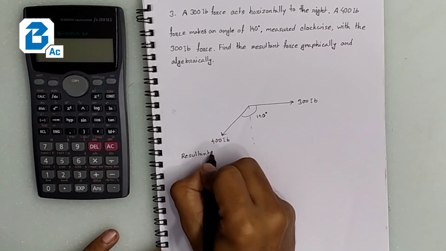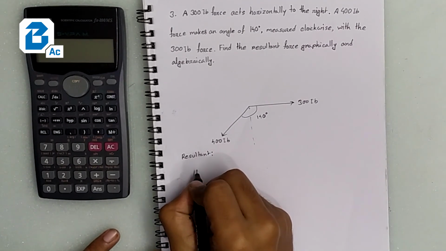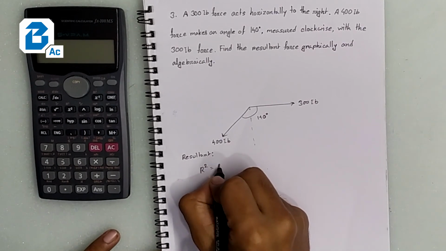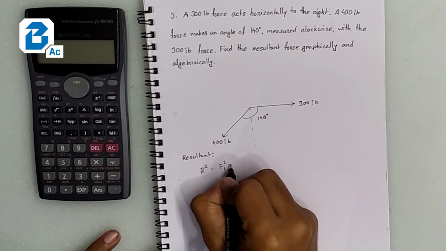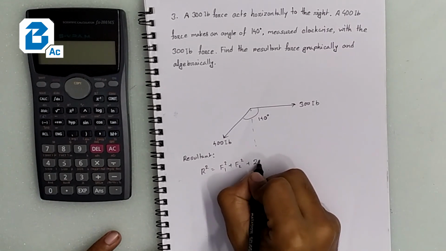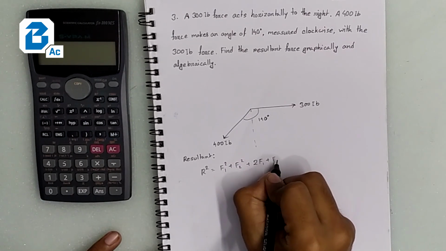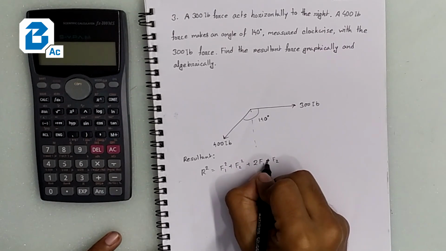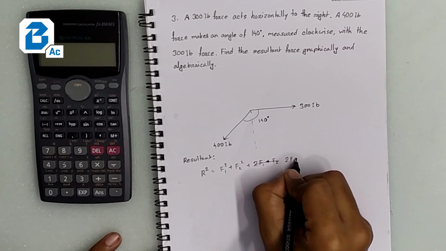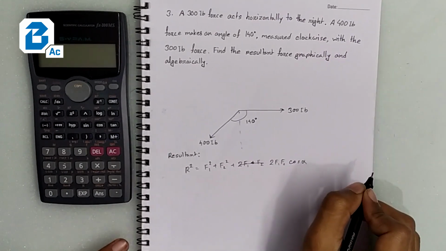For the resultant, we have a rule that R squared is equal to F1 squared plus F2 squared plus 2 F1 F2 cos alpha.